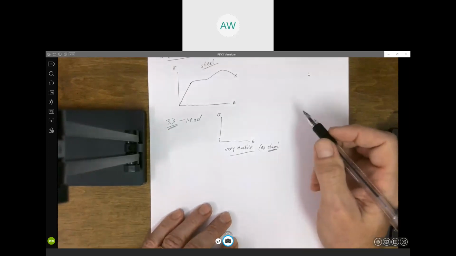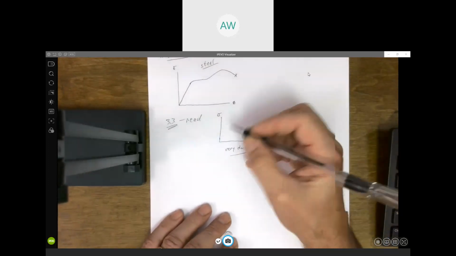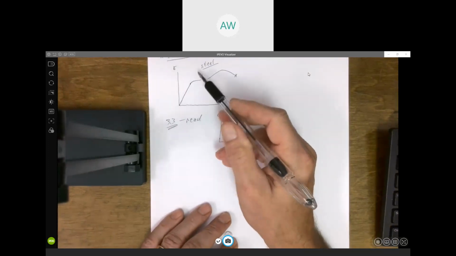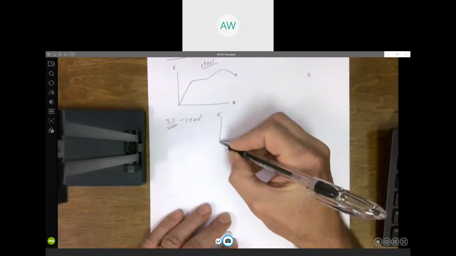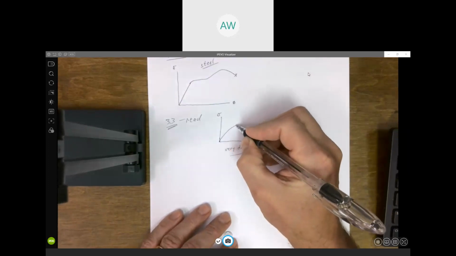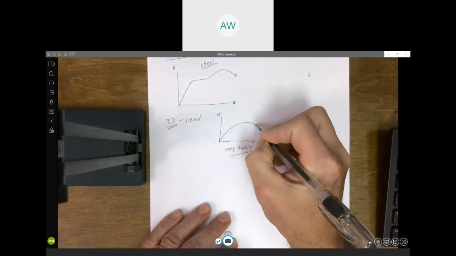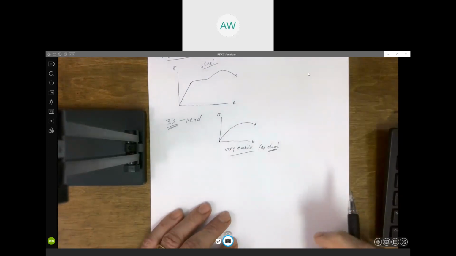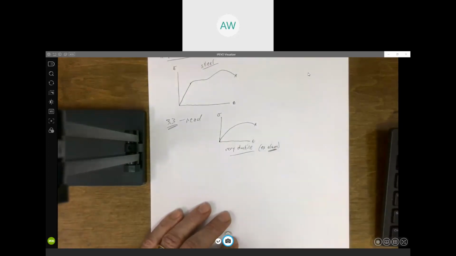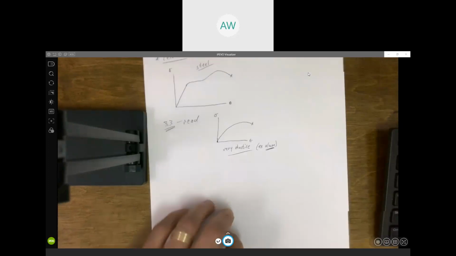It stretches a whole lot easier. And for these type materials, you don't get this well-defined linear region. It pretty much is curved from the beginning, and it will maybe look something like this, and eventually you'll have failure. So a very different shaped diagram you would get for something very ductile compared to a steel.